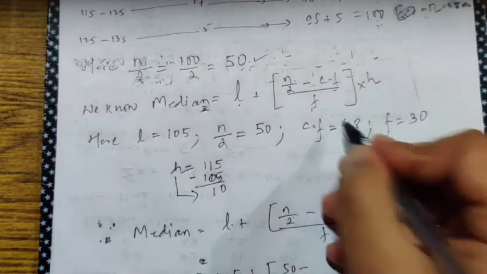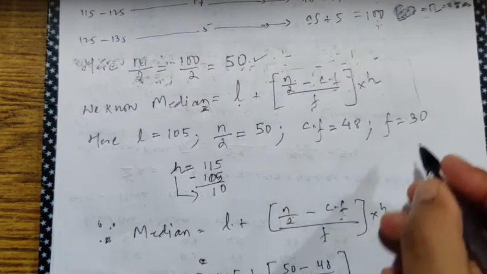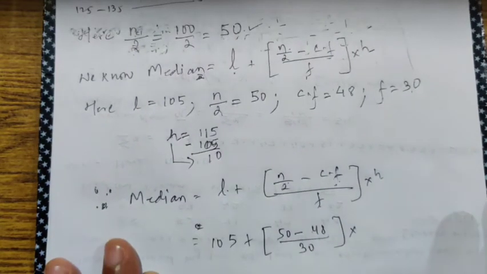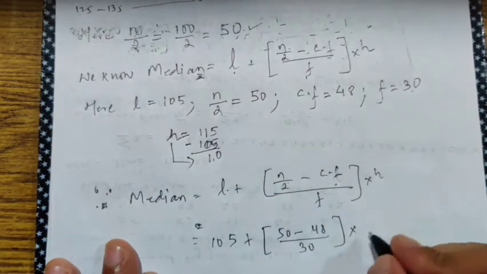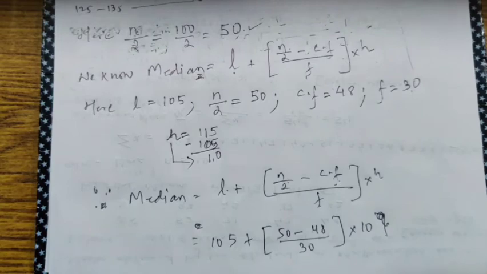Cumulative frequency, how much? 48. F is how much? 30. Into H, how much? Class size. Class size is how much? H, just now we've taken out 10. Oh, sorry. Okay, people, let me do it on the next page. Let me continue here. Give me a minute.